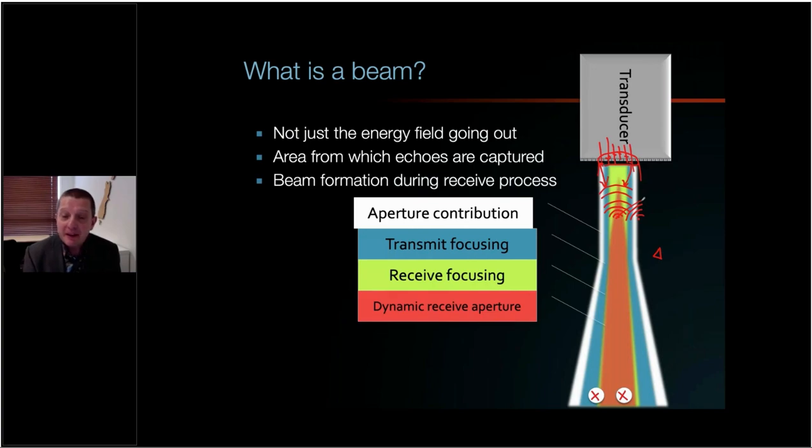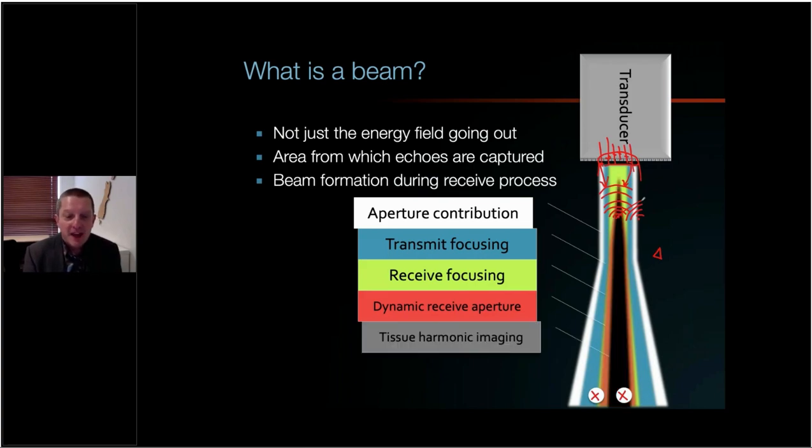We also have dynamic receive aperture. I'm not going to discuss it here because it is quite a complex topic, and it could have been covered before. And then if on top of all that we add tissue harmonic imaging, remember that harmonic echoes are generally mostly generated from the middle of the beam, where the intensity is the strongest. So the beam is physically narrower using tissue harmonic imaging.